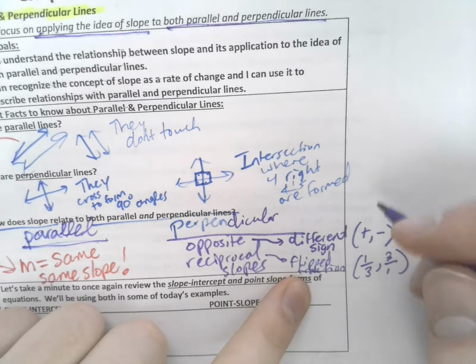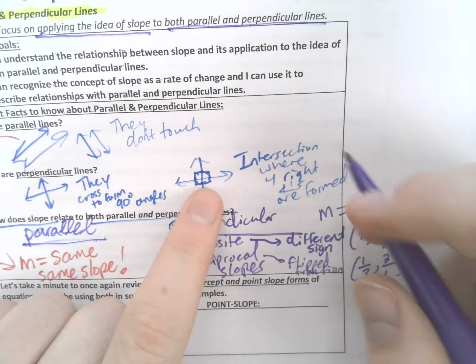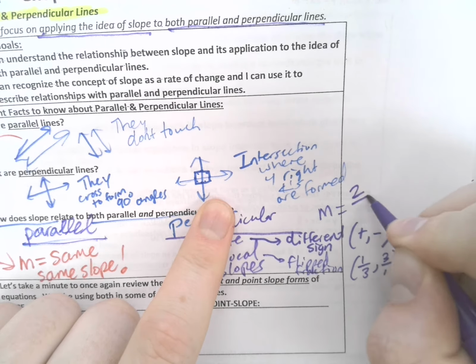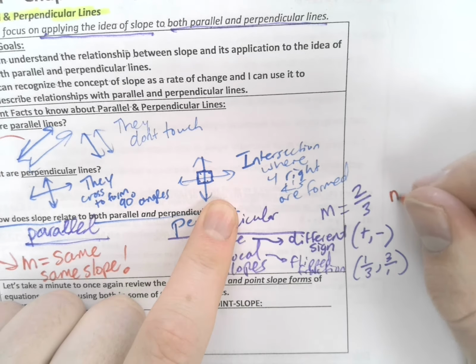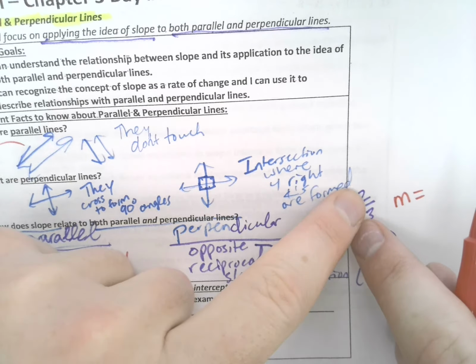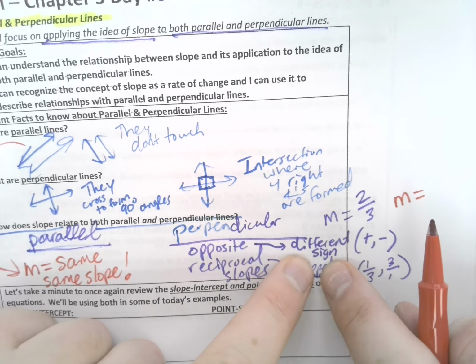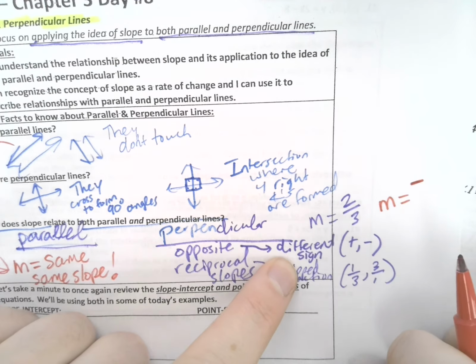So for example, let's say one of my lines had a slope of positive 2 over 3. What would the other line need to be if these were going to be perpendicular? Well, first, it has a different sign. So if that's positive, ours would be negative.